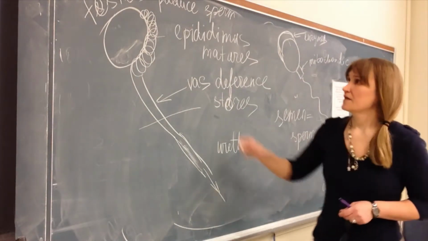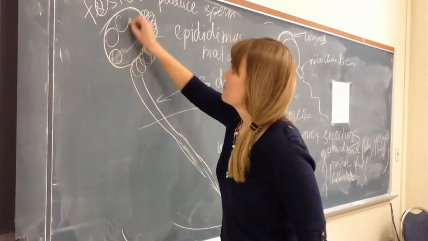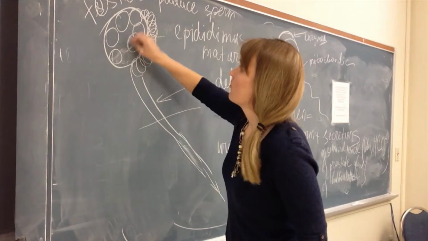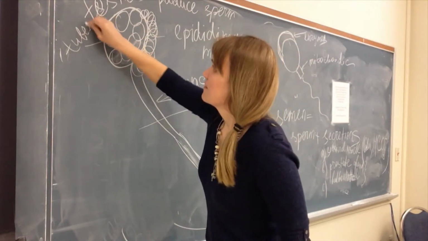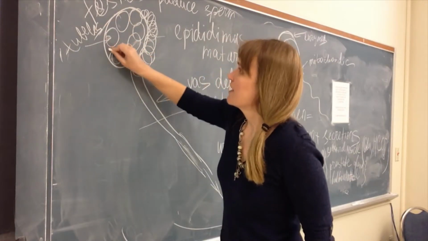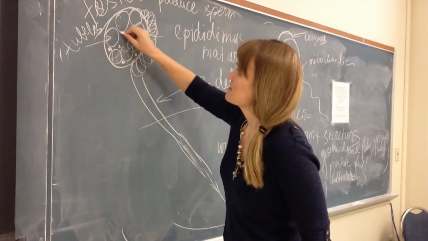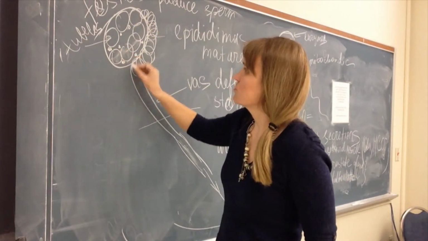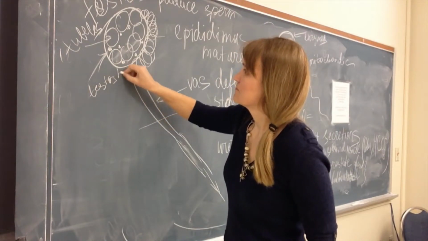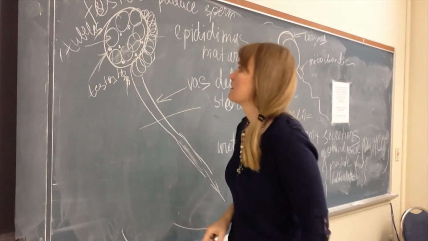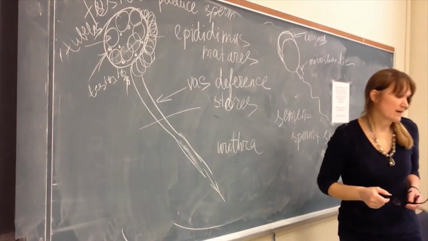So let's draw seminiferous tubules that produce sperm, and in between them we will put cells that will produce testosterone. Okay. This is the male reproductive system.